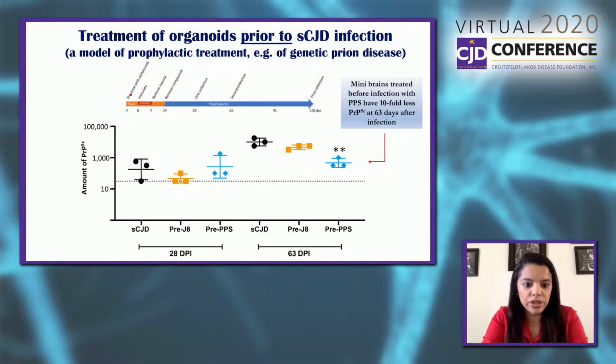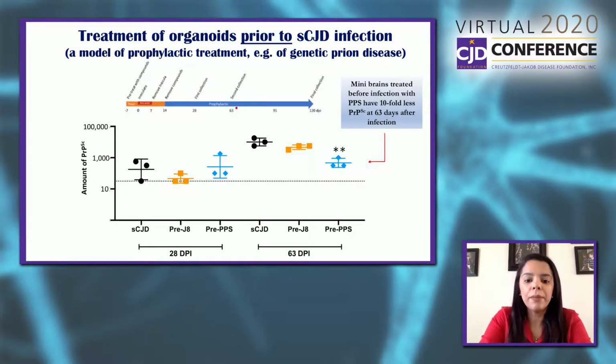I exposed them a week before the infection, and I kept the treatment for 2 more weeks, and then I stopped it. And then a month later, I measured the amount of PrPres in these mini brains. In the first month, I couldn't see any big difference in the treated and the untreated mini brains.